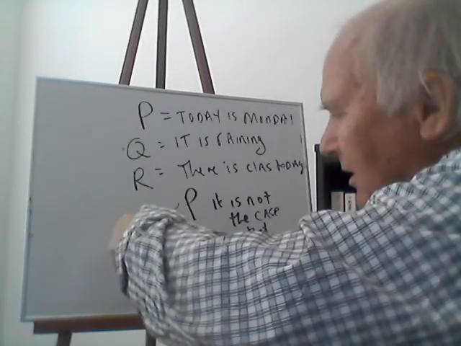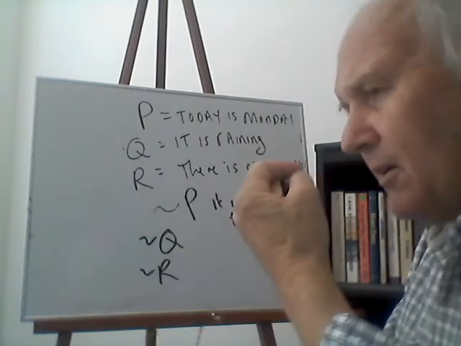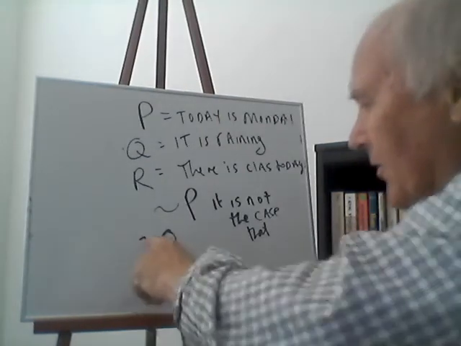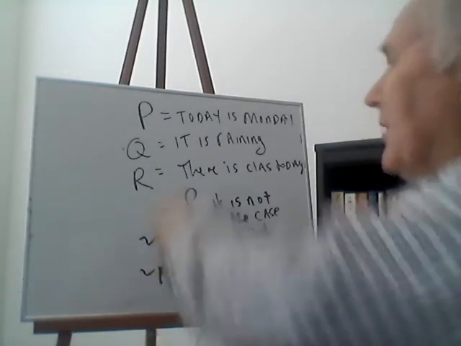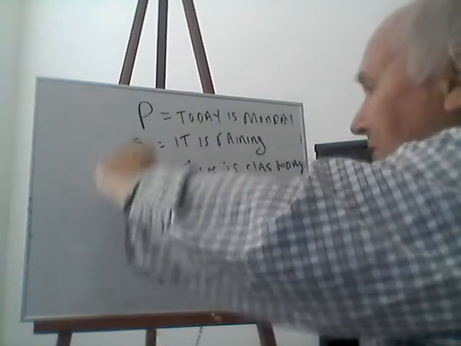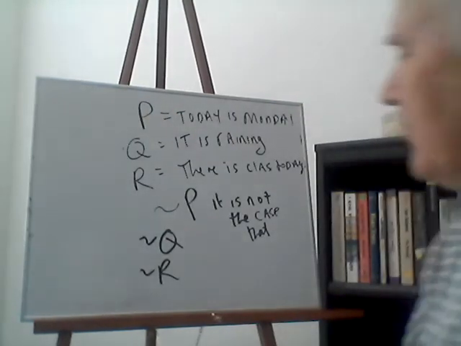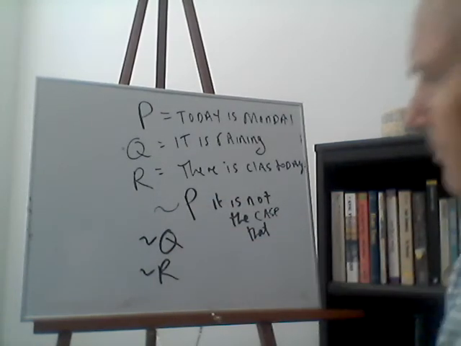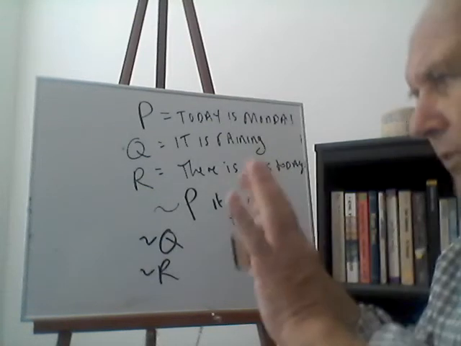When you add any symbols to these letters, you no longer have an atomic statement. You now have a compound statement. So these negated ones are compound statements, made out of the atoms. The simplest statements in propositional logic are the atomic ones.